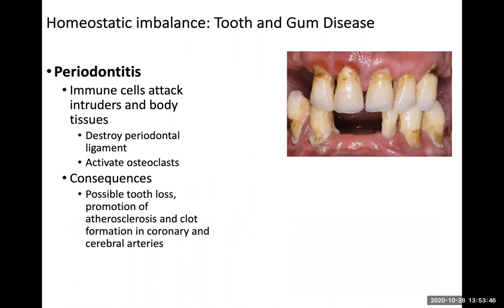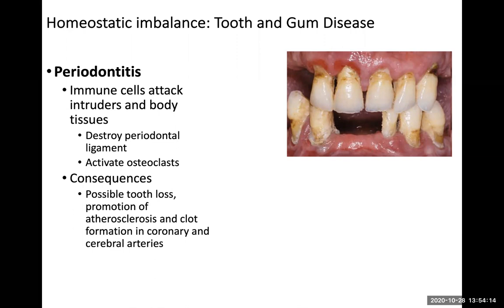So periodontal disease is characterized by irreparable tissue loss. So you get recession of the gums that will not grow back, so to speak, or that tissue does not proliferate and replenish itself. During periodontitis, what happens is there's so much inflammation that you get essentially the immune system activating osteoclasts.